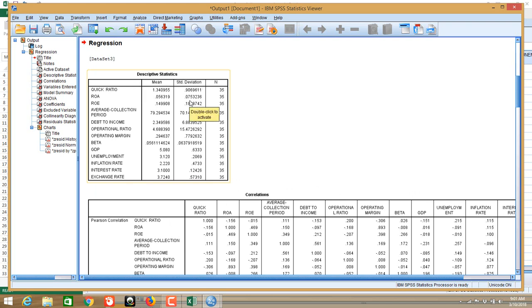So from here, what does this descriptive statistics tell you? Basically, the descriptive statistics has three elements: the mean, or average, the standard deviation, and the number of observations. So the mean is the average of your quick ratio. Quick ratio is the ratio that represents liquidity, telling you how liquid the firm is.